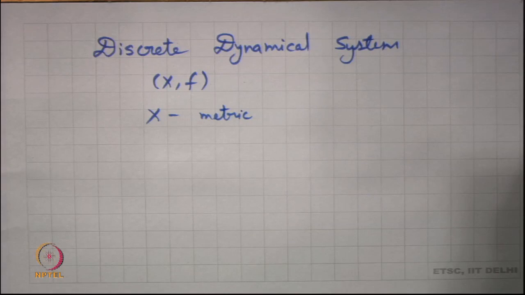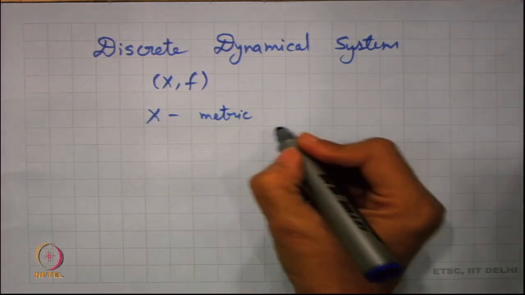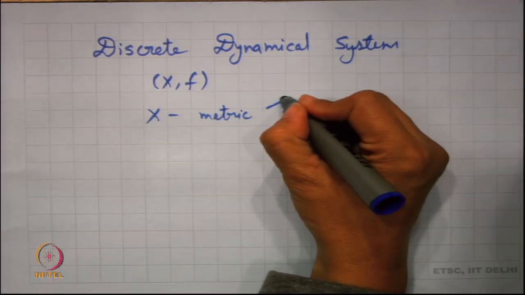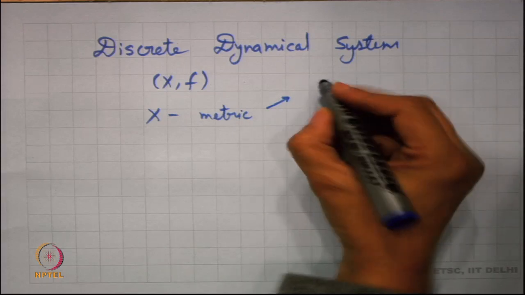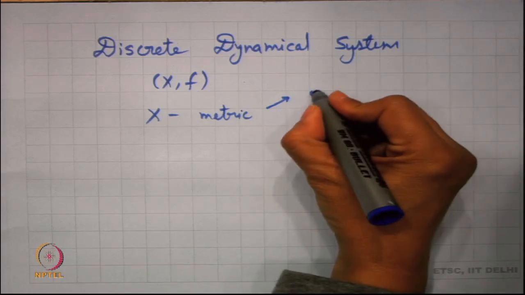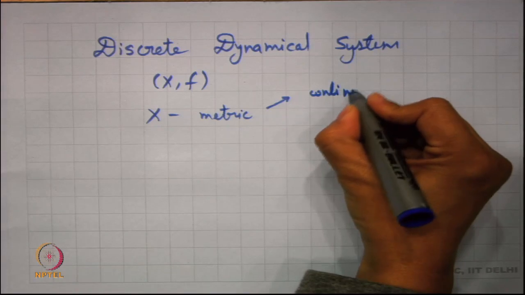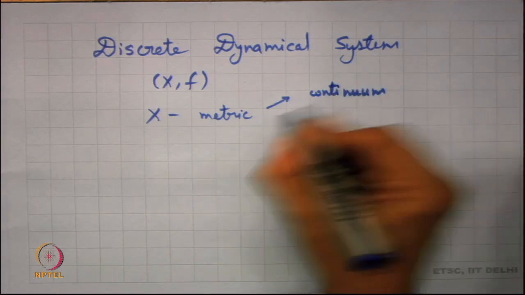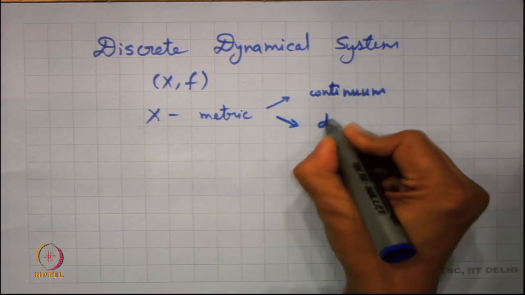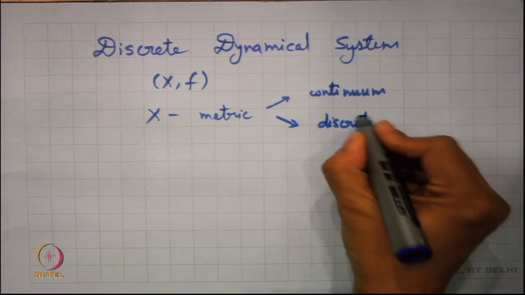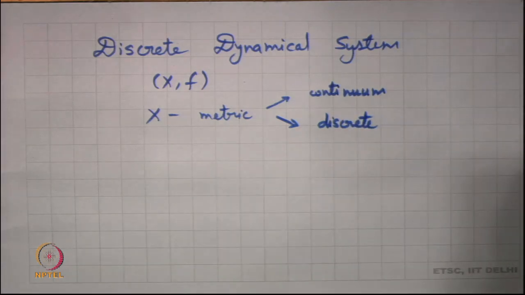Maybe our metric space can have some kind of structure, maybe it is a continuum, or maybe our metric space is discrete. So maybe we can work with some known metric spaces.